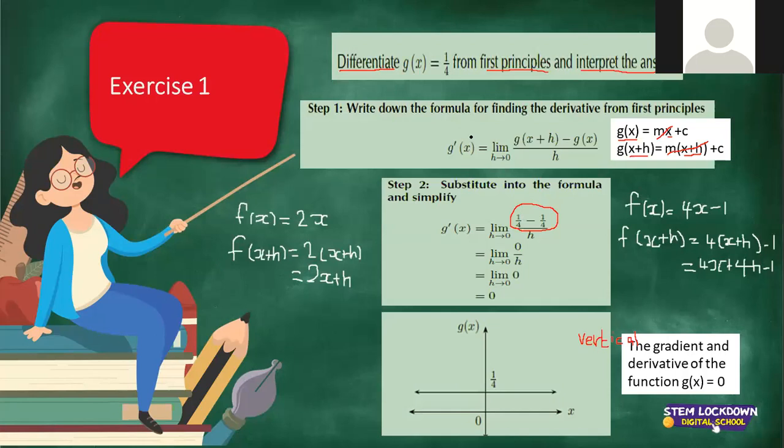Remember, that's why I keep emphasizing. I know there are other simpler rules for solving derivatives. I know that, and I know you know them. But if the question states, because even the homework is from a previous paper, there are questions where they state using first principles, so you have to know it. I know it's very long, but there are questions where they test you on first principles and then the other rules of derivatives.